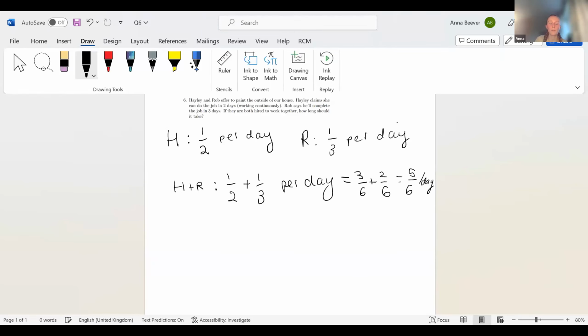But then we want one whole house to be painted. So to find out how long, we do 1 divided by the rate per day, and that gives us 6/5 of a day, or 1.2 days.